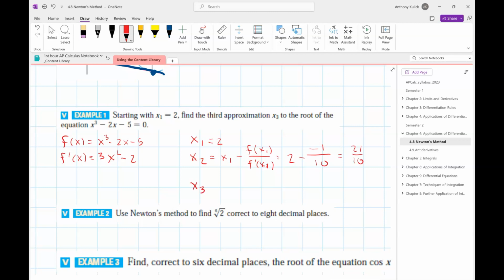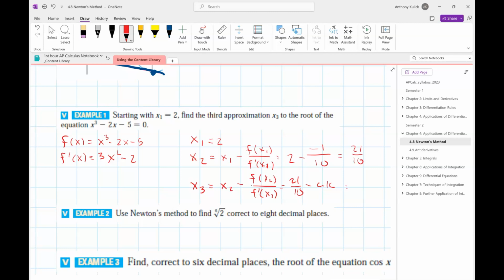So then the third approximation, x3, should be x2 minus f of x2 over f prime of x2, and then this is calculator time, right?